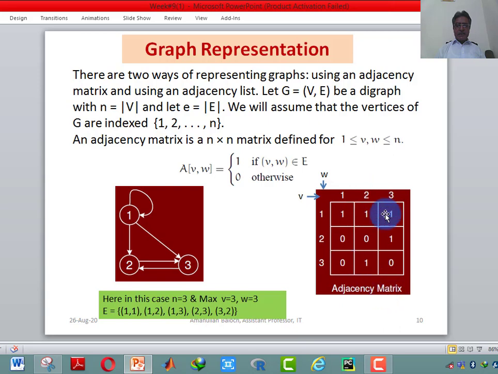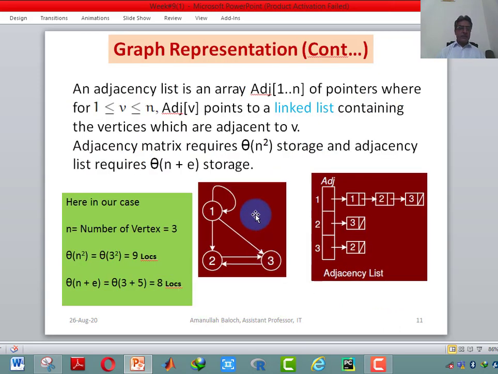This is the adjacency matrix. Now we will discuss the adjacency list. Look here. An adjacency list is an array of adjacents from 1 to n, because there are 3 vertices and n is the number of vertices. So for 1 to 3, the adjacency list holds the memory locations for 1, 2 and 3.